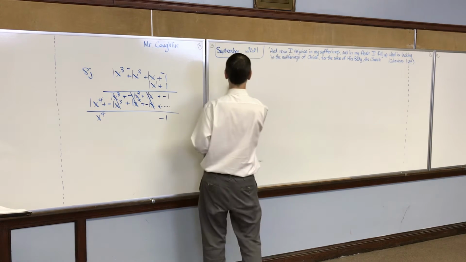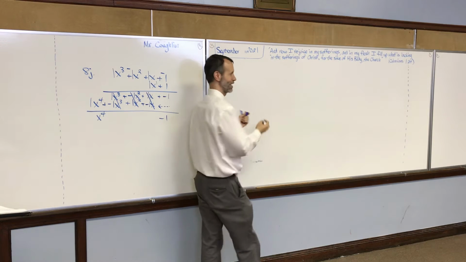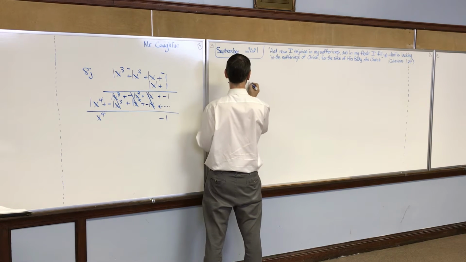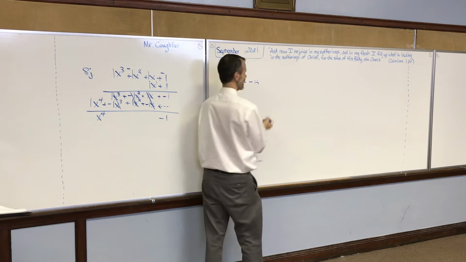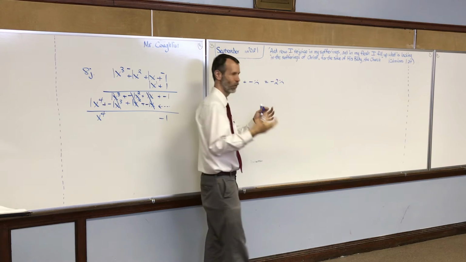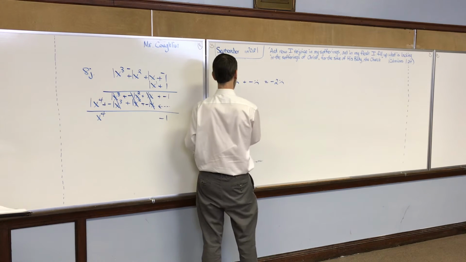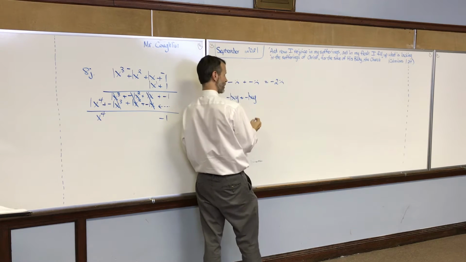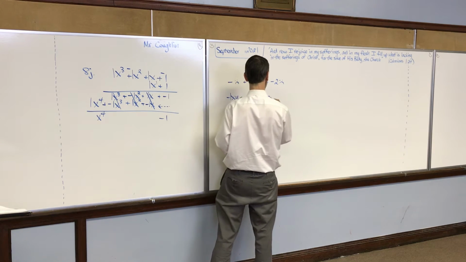I'm just going to make up something: negative frowny face plus negative frowny face. It could be whatever you want. It's going to be negative 2 frowny face. So you can do whatever chunk is in there. So negative xy plus negative xy is really negative 1xy plus negative 1xy, which would be negative 2xy.